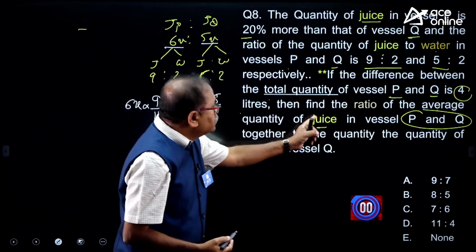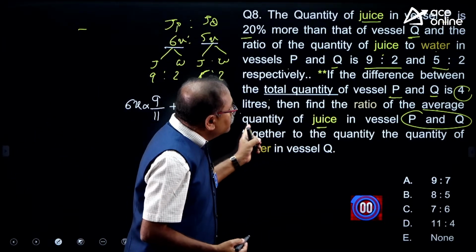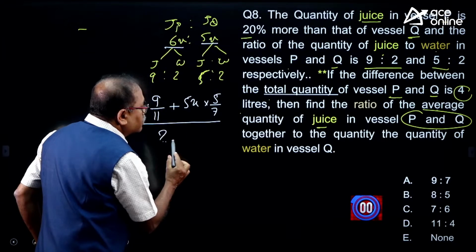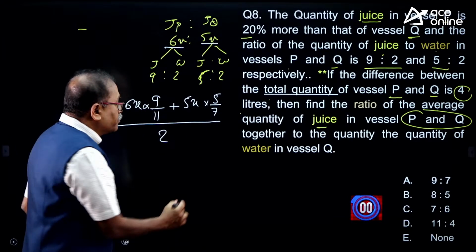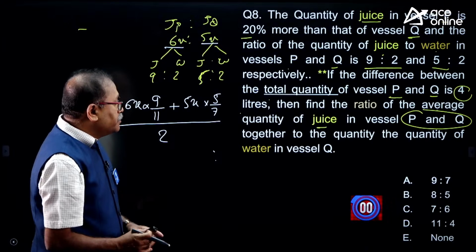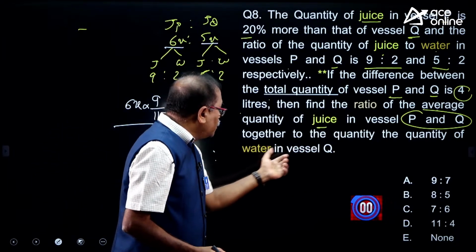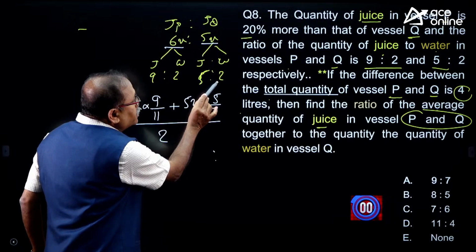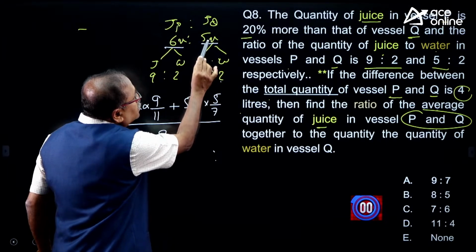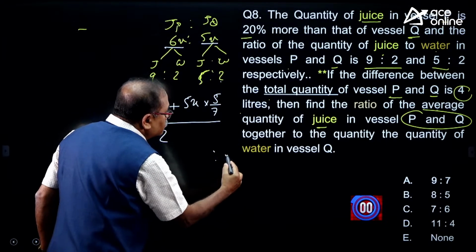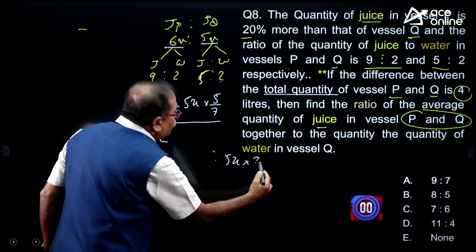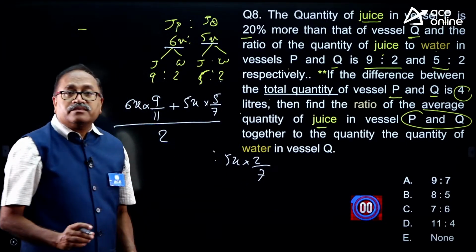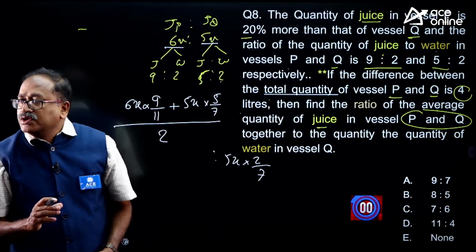It's an average, so we need to find the average of it, divided by 2, to what ratio I need? The quantity of water in vessel Q. That is 5x into 2 parts out of 7 parts.